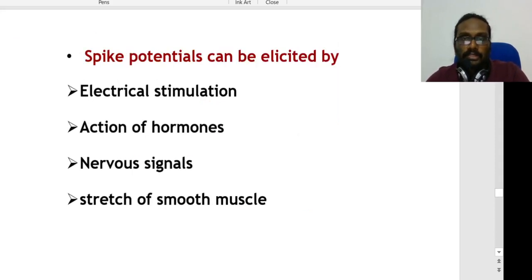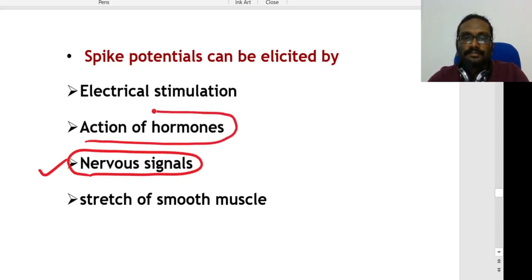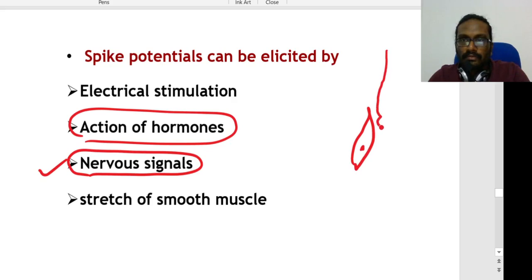And regarding spike potentials, this is very important: not only nerve signals can produce spike potentials. Suppose this is your unitary smooth muscle cell, you would have an axon coming like this with varicosities, a neuron moving like this with varicosities.